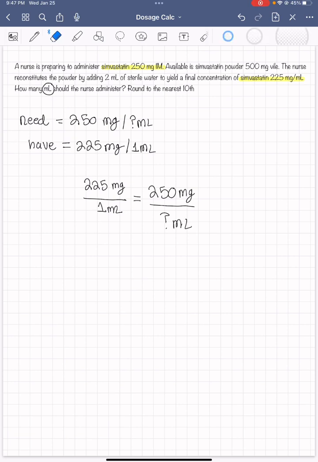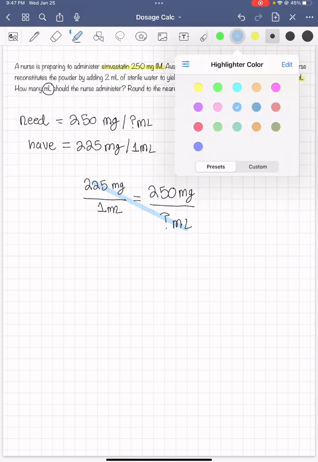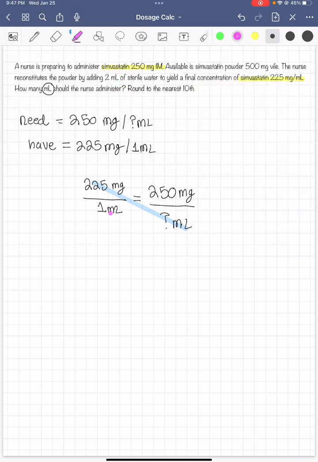So, how are we going to figure out this unknown milliliter? Well, let's go ahead and we're going to cross multiply, okay? We can do this because these units end up both giving us milligrams per milliliter. So let's do 225 times our unknown.